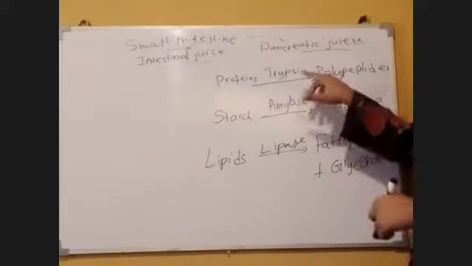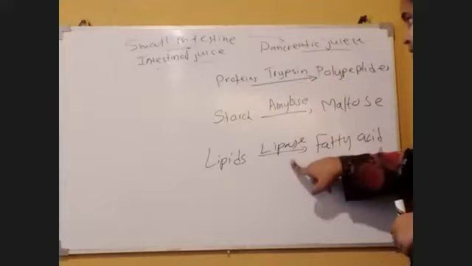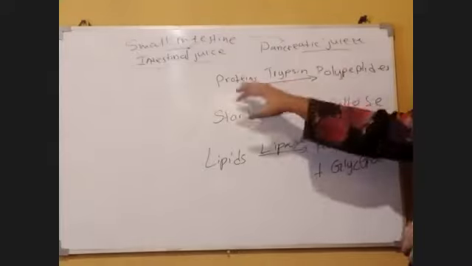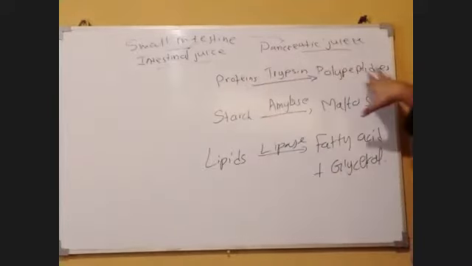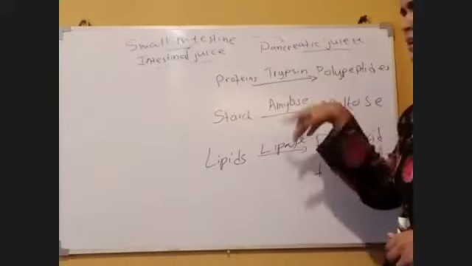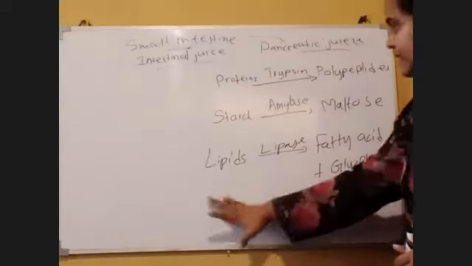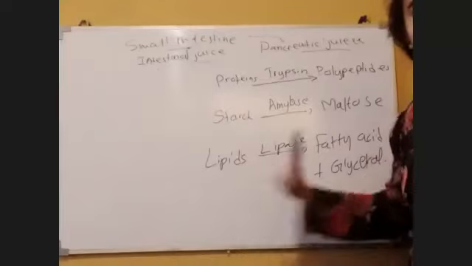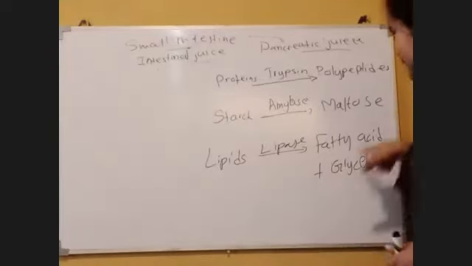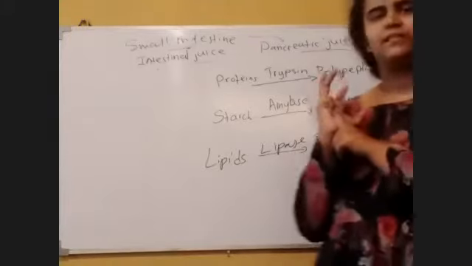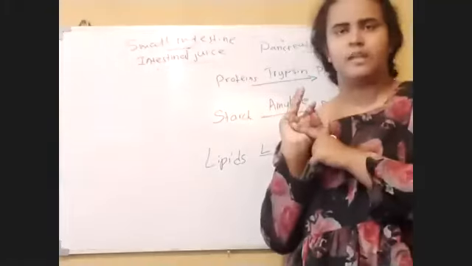Then three enzymes: trypsin, amylase, and lipase. Trypsin converted the remaining proteins into polypeptides, and the remaining starch was converted into maltose by amylase, and the whole lipid digestion is happening in the small intestine. Why do I say that?